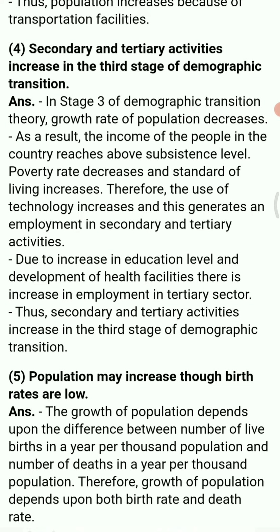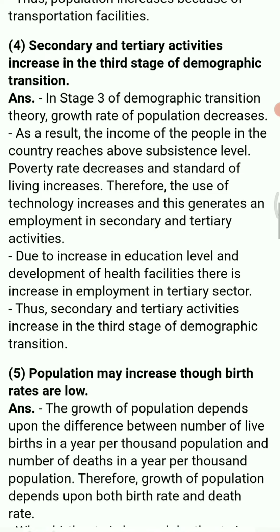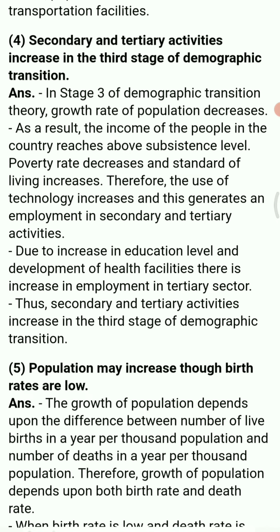As a result, whichever country comes to this stage is already trying to develop itself, and the economic condition can be improved easily with the help of secondary activities and tertiary activities, okay, because primary activities are going to give less economic generation, okay.